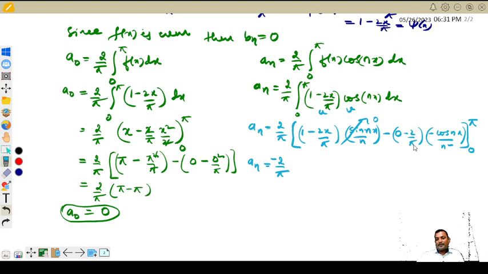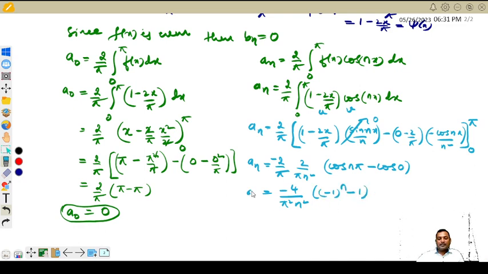2 by pi n square is a constant. So remaining is only cos nx. Substitute upper limit cos n pi minus lower limit n into 0, just cos 0, with minus 4 by pi square n square into minus 1 whole raised to n minus 1, is the value.